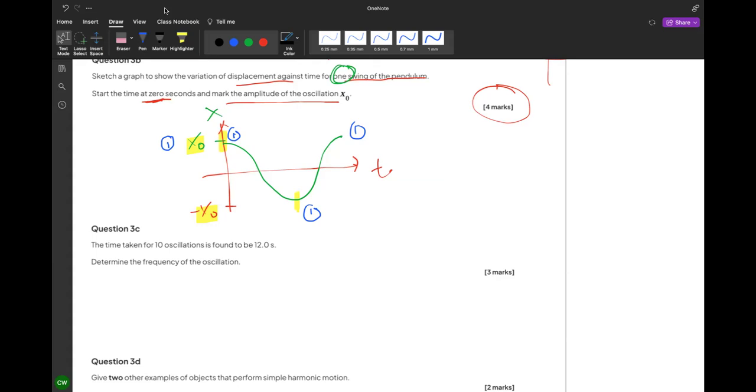Zizan, what's the answer, Zizan? Not yet. Got decimal, got decimal.